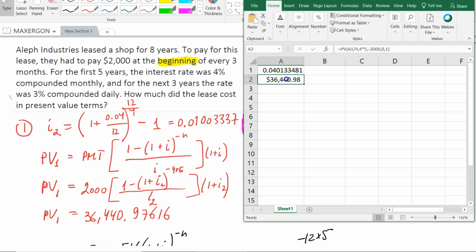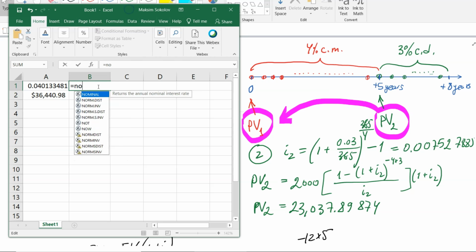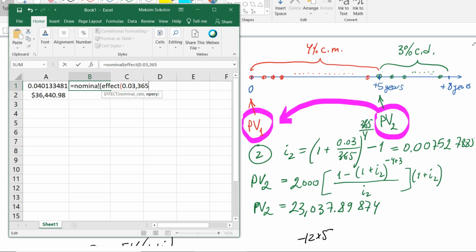It's exactly the same answer we got using algebra. Keep in mind that Excel actually will keep all decimals for A2, even though it can display only 2 decimals. Now we're ready to find the present value of the second annuity, which is the green annuity in our example. We'll be finding nominal rate first, for which again we need to find effective rate based on 3% compounded daily. And now this new rate needs to be compounded quarterly.